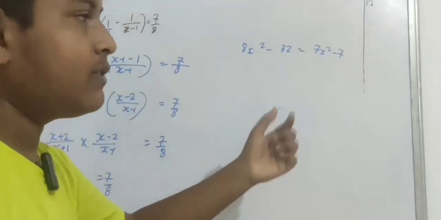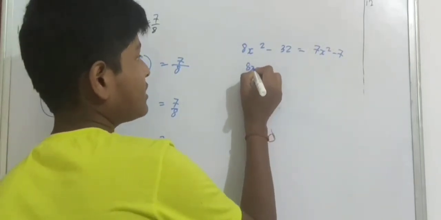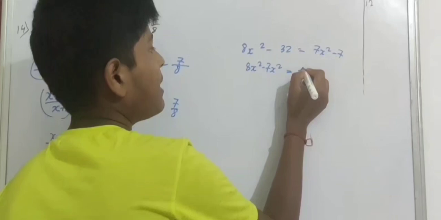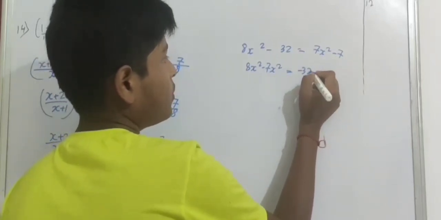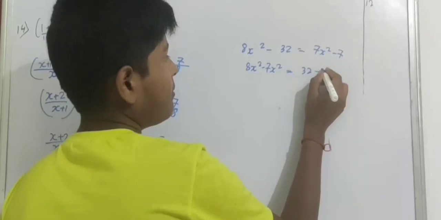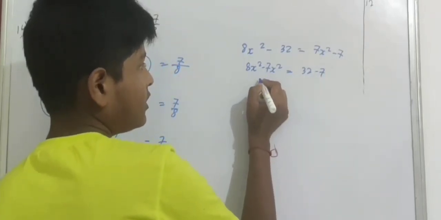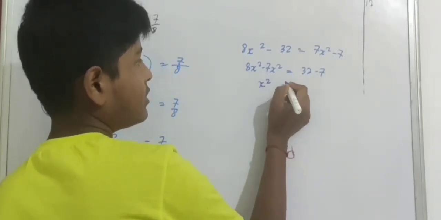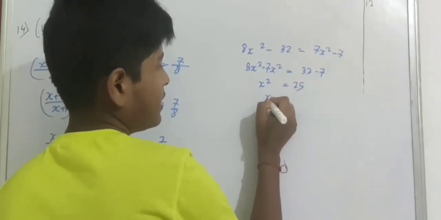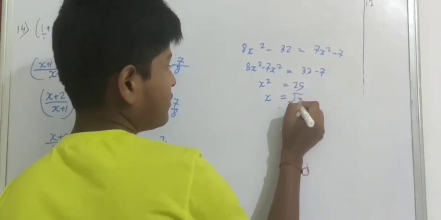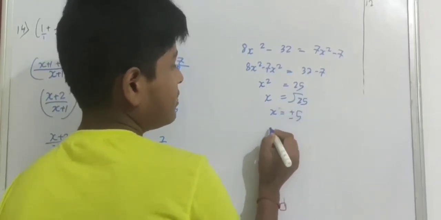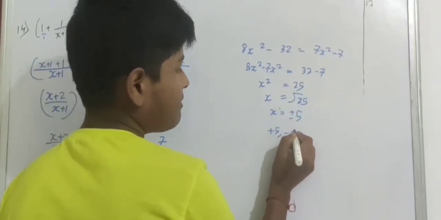Variables one side and constant one side. So it will be 8x square minus 7x square is equals to minus 7 plus 32. It will be x square is equals to 25. So x is equals to under root 25. So x is equals to plus minus 5. So it can be plus 5 or minus 5.